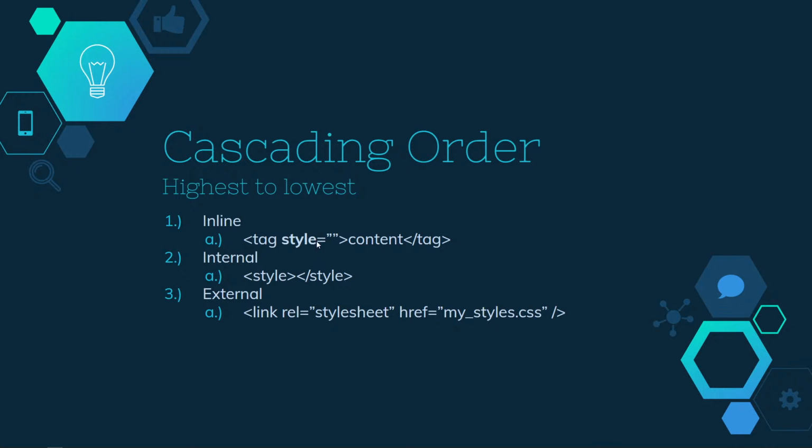Depending on where you put your styles, based off this order, depends who's going to win in the case that two different rules are targeting the same attribute. So if they were all changing the color of the text, the one that would ultimately win would be inline, then internal, which is like using the style tags in your HTML head, and then finally any external CSS files. So that's the precedence.